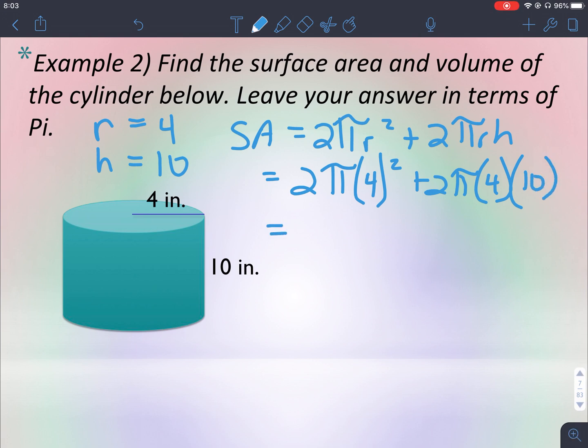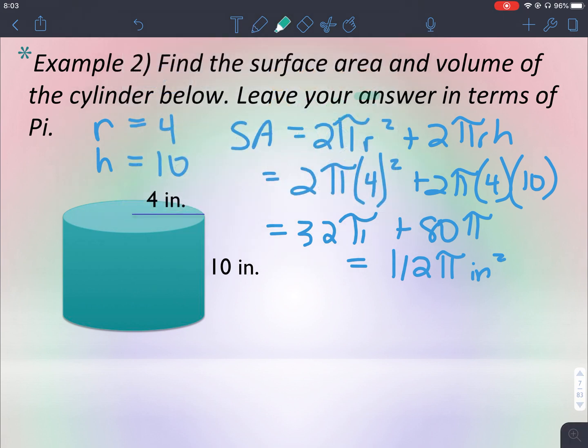And this is going to be equal to 32 pi plus 80 pi, and that's 112 pi inches squared, because it says leave your answer in terms of pi. Well, that is our answer.